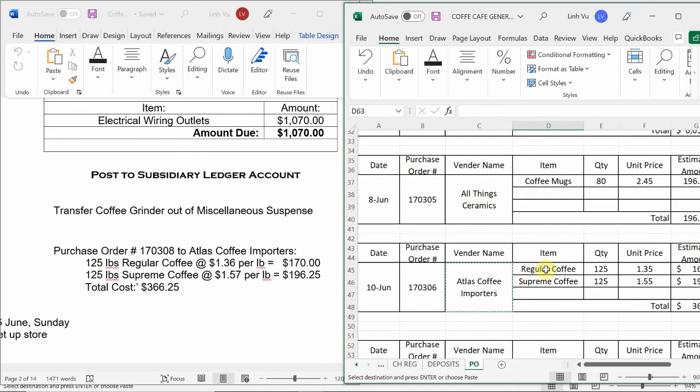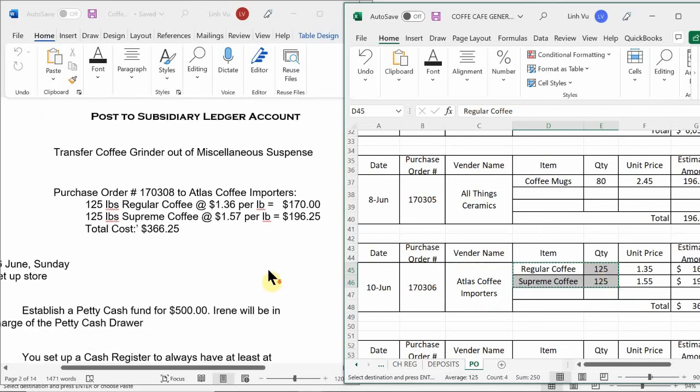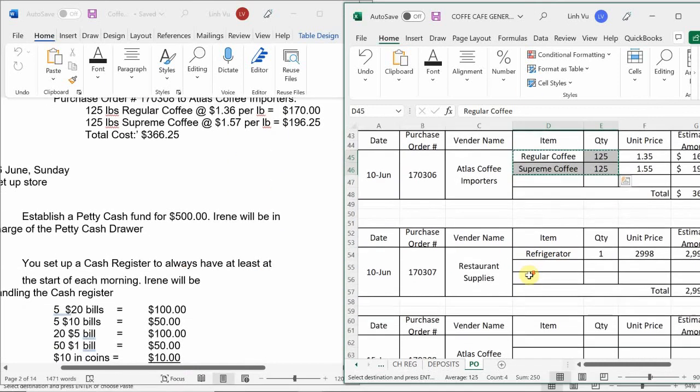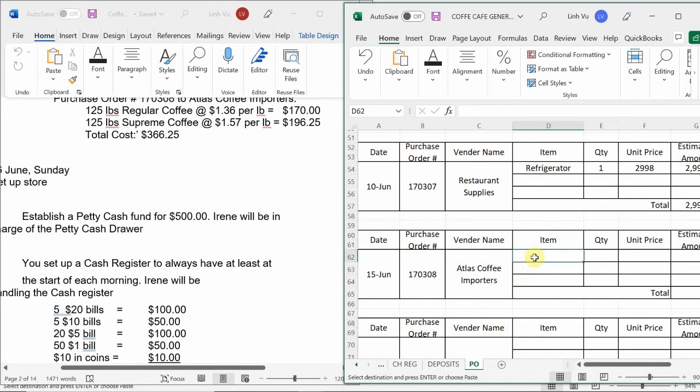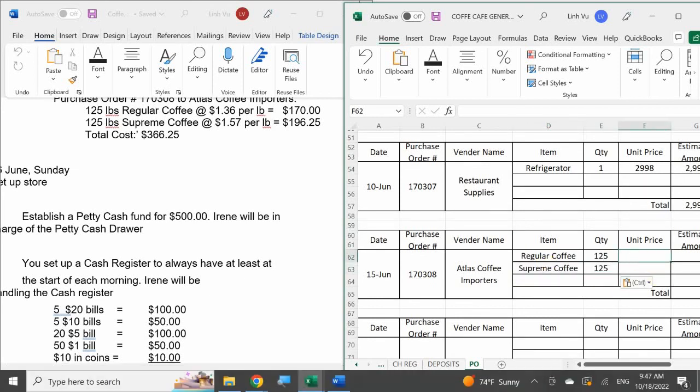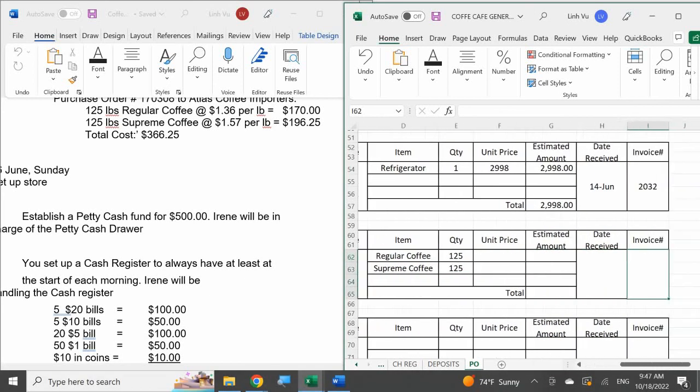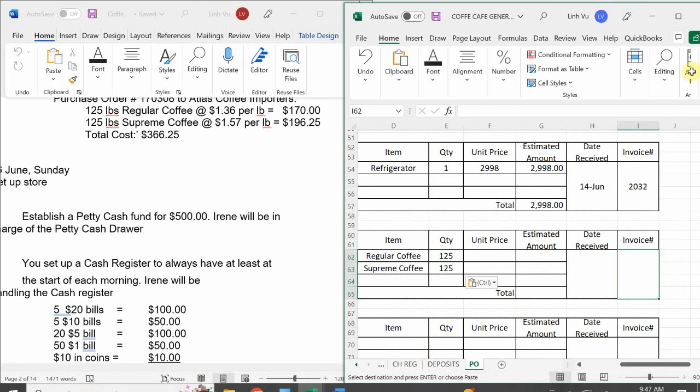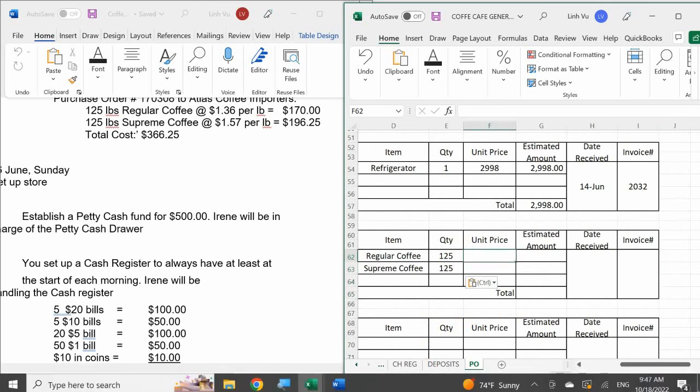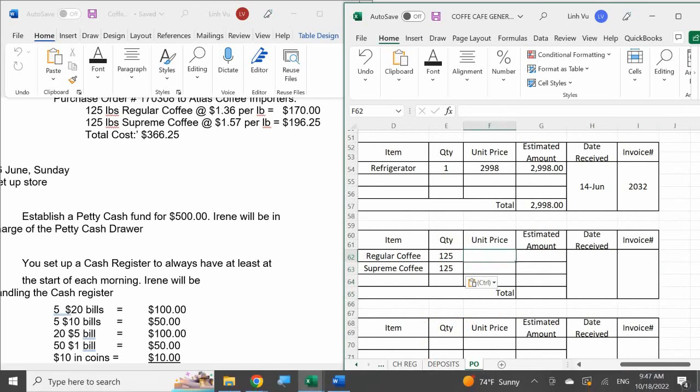We're purchasing regular coffee and supreme coffee, 125 pounds of each. What is my cost per pound? $1.36 per pound for the regular, and $1.57 for the supreme.